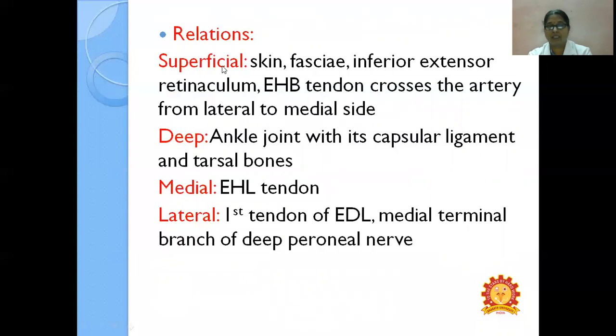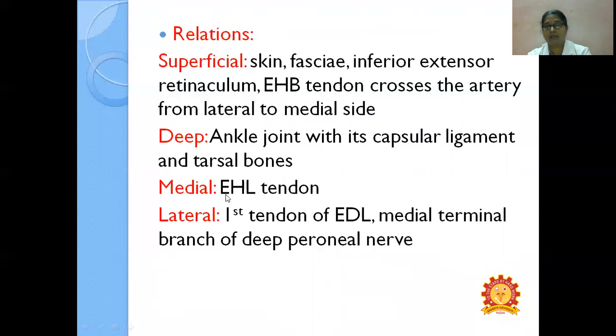Relations. Superficially, it is related to skin, fascia, inferior extensor retinaculum, and the extensor hallucis brevis tendon, which crosses the artery from lateral to medial side. Deep to this artery are the ankle joint with its capsular ligament and the dorsal tarsal bones.